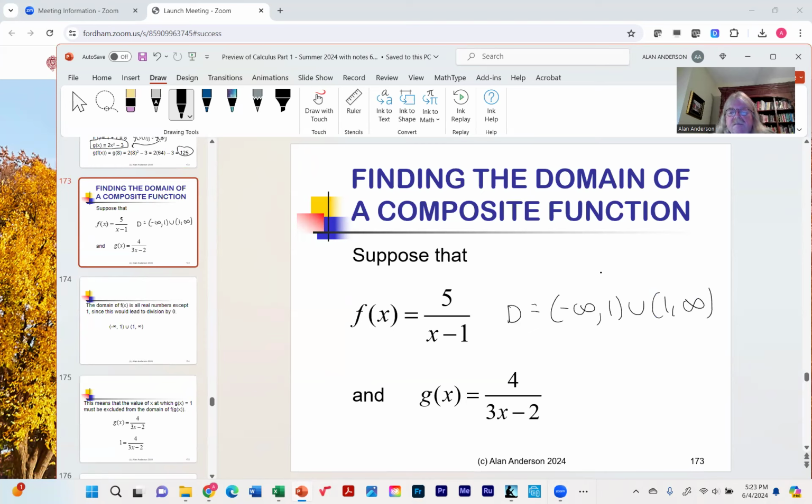And down here, the value that would cause trouble for us here is 2/3, because that would leave us with 2 minus 2, which is 0. So we have to leave out 2/3.